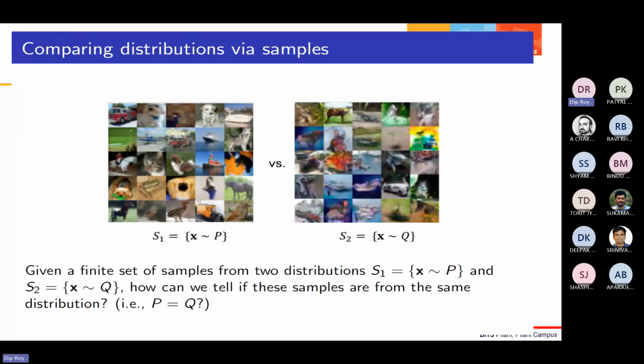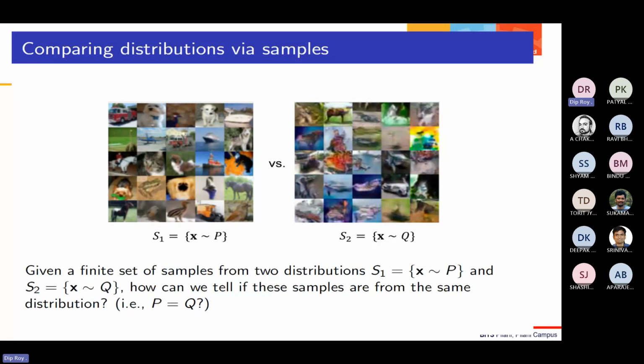The way we are going to go about it is essentially that we are going to have two samples. We'll compare the distributions via samples. So we are going to have two sets of samples. S1 comes from a distribution P, S2 comes from a distribution Q. Just leave the true distribution and the model distribution and all that stuff for the time being.